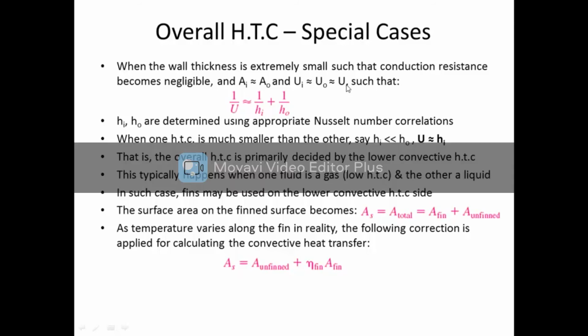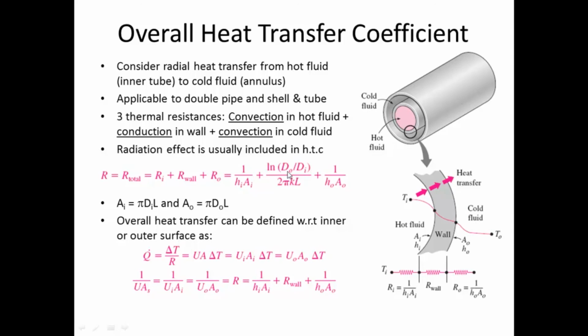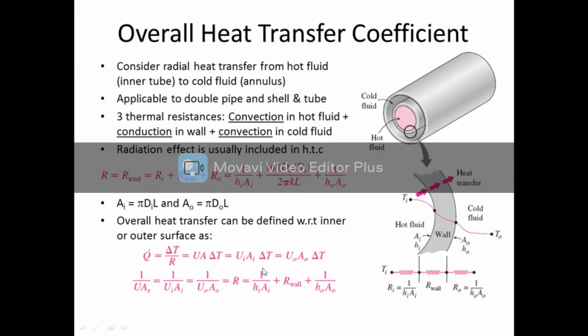So if you look at the previous expression here, if AI and AO are approximately equal, and the conduction term becomes negligible because DO and DI are also equal, so that the conduction resistance becomes 0. The total resistance will be 1 by HIA plus 1 by HOA, since AI and AO are both the same.